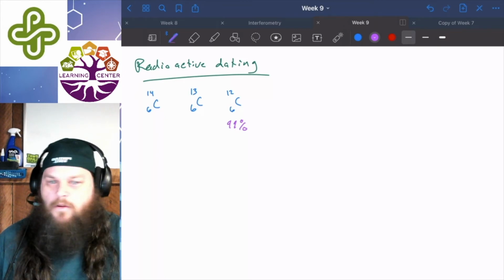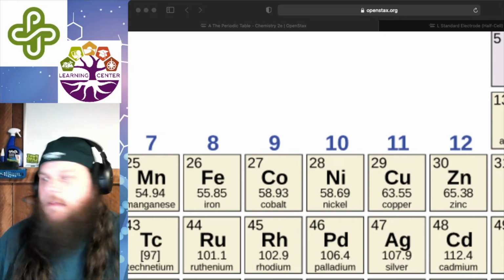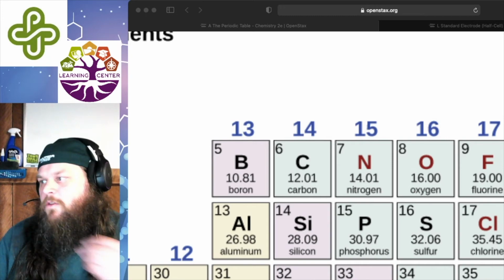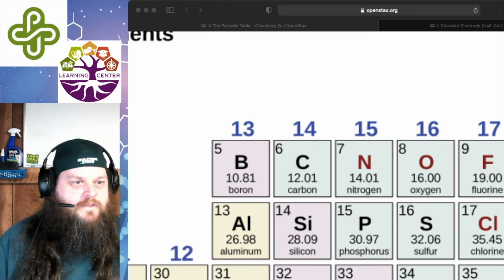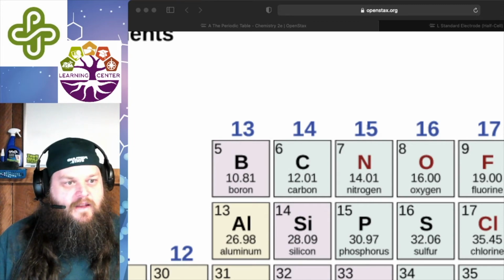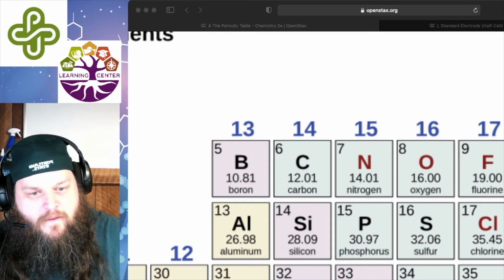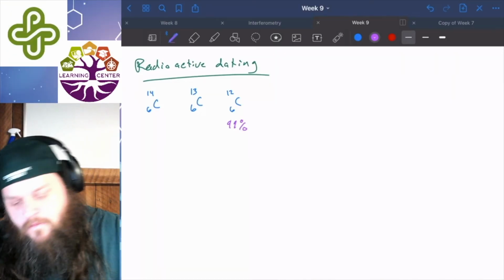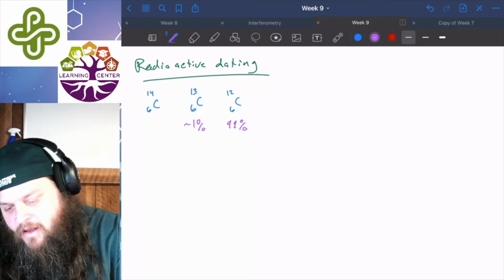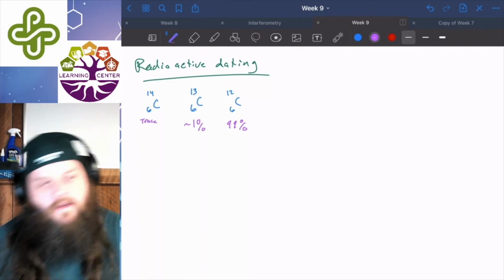Let me jump over to here. I'm zoomed in a little bit there. There's carbon, 12.01. The fact that it's so close to 12 means that a large percentage of that is going to be carbon-12, with about 1% being carbon-13 and a very, very trace amount being carbon-14.